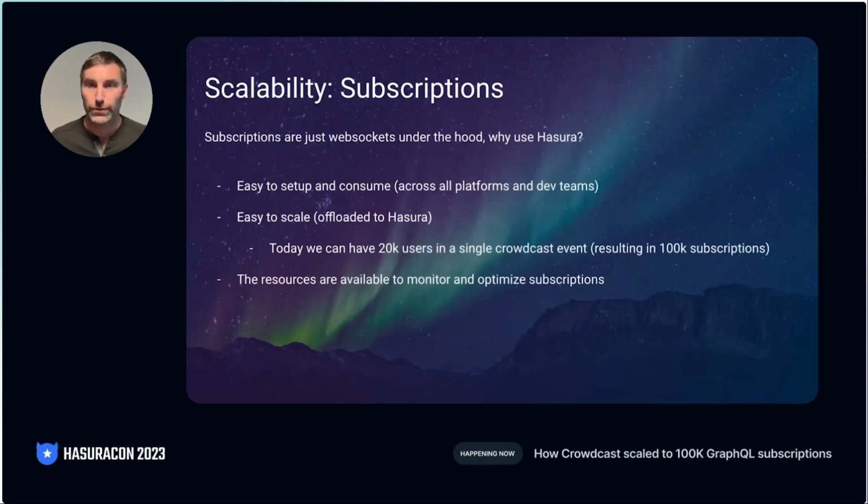So we know why we want to scale. We know what we want to scale. We have an idea of how we want to scale, but we don't really know the stack yet or how we're going to do this. So is it something we use with Hasura, or do we do something else? For us, the decision was pretty obvious from the beginning. Hasura gives us lots of benefits. For one, it's easy to set up and consume.